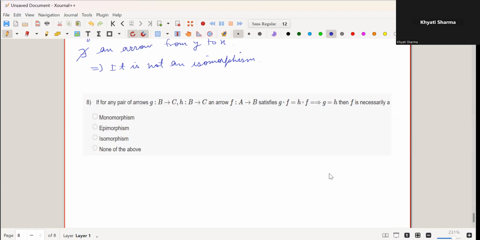So this is by the definition. By the definition, it is an epimorphism, right? That's it.